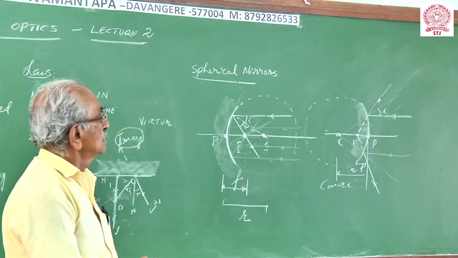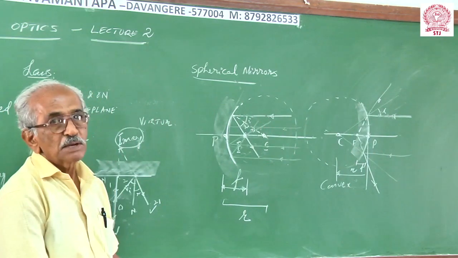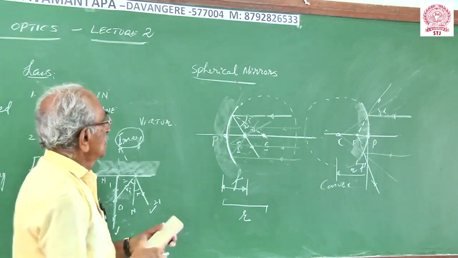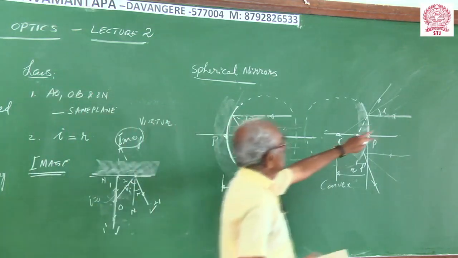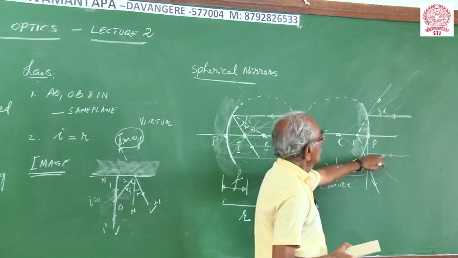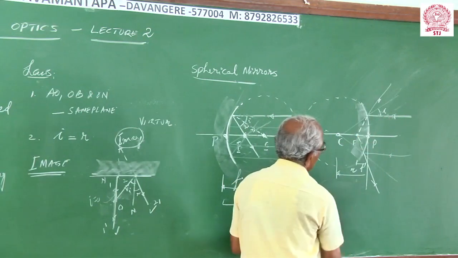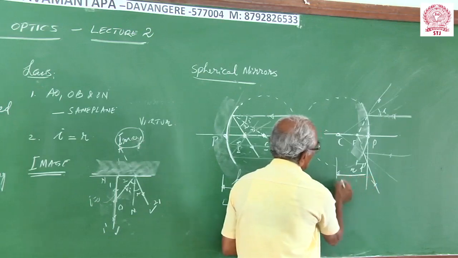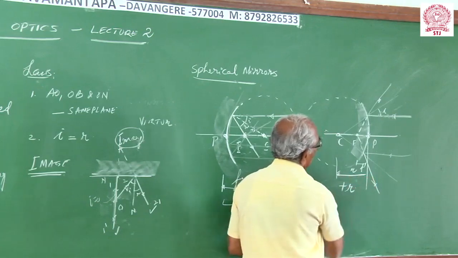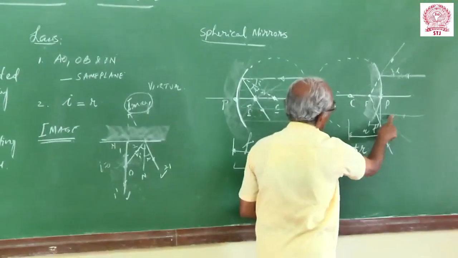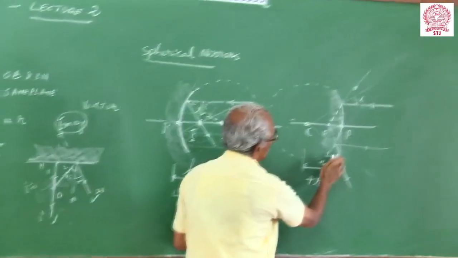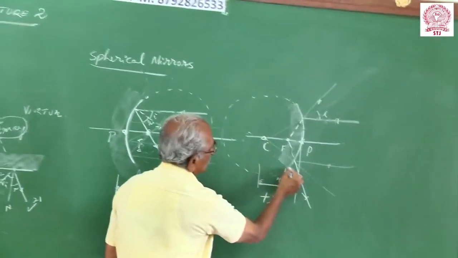We had mentioned a sign convention: distances measured along the direction of light propagation are taken positive.